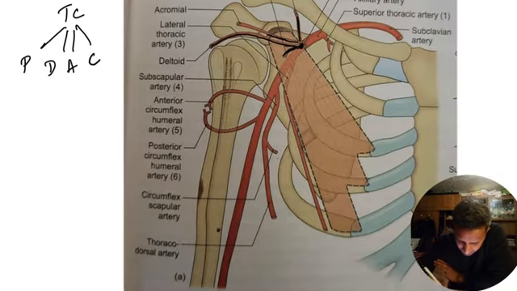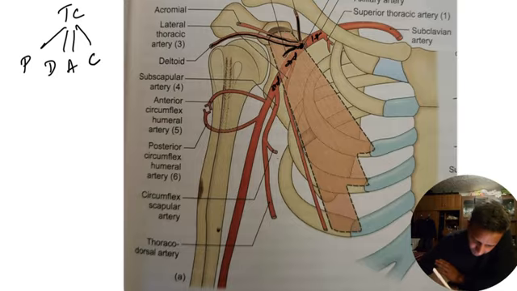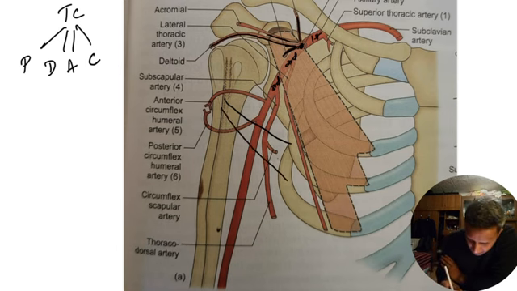So this is your pectoralis minor, which is dividing the artery into the first part, the second part, and the third part, where you have your teres major coming here. It extends till here.